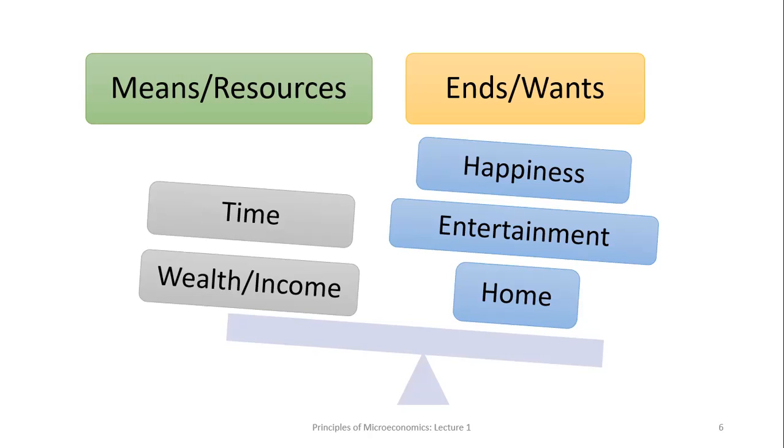Similarly, we want entertainment, we want happiness, we want so many other things in life, and wants are always multiplying. If one want is fulfilled, that want may arise again after some time.